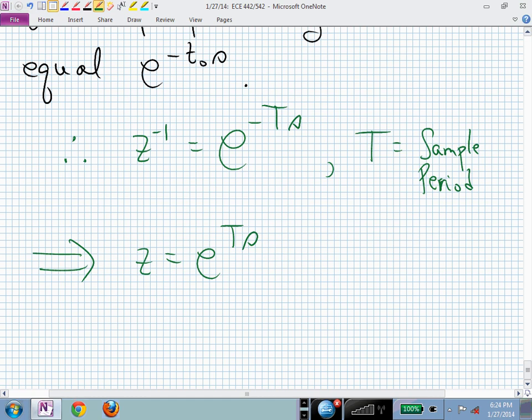This is now our relationship between z and s. And if z to the minus 1 is a delay, z, its reciprocal, must be an advance. So z is just an advance of one sample period.